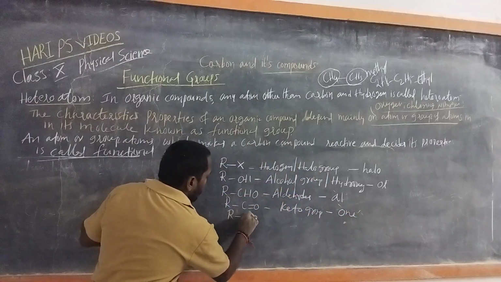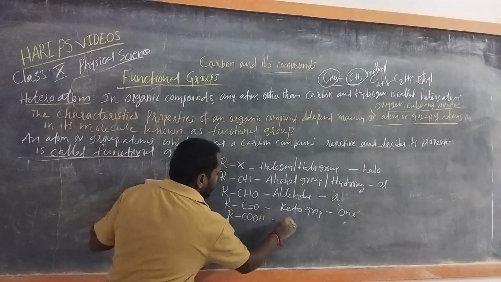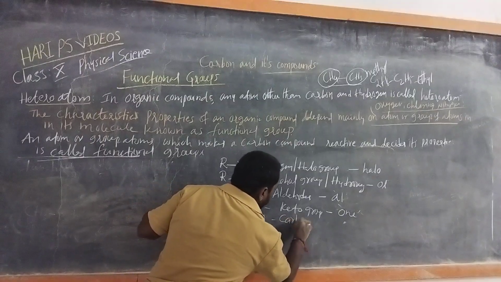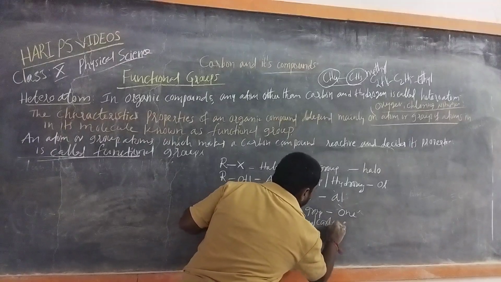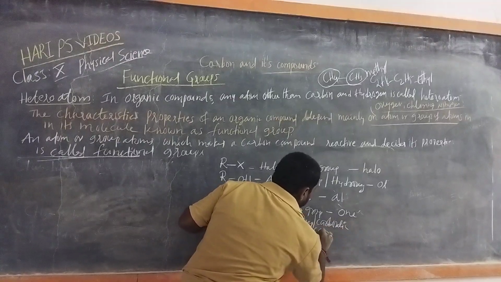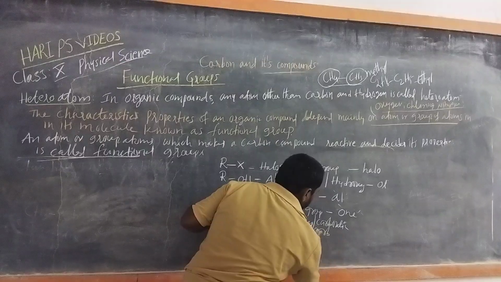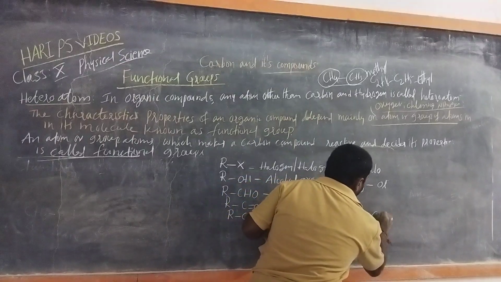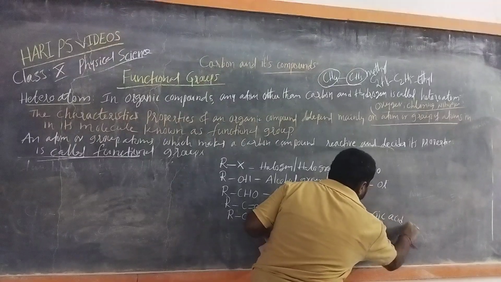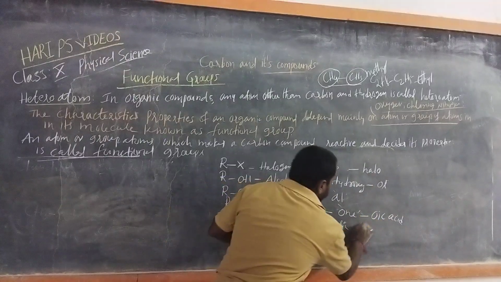Then RCOOH, the carboxy or carboxylic group, which we can write as "-oic acid" or simply the acid group.